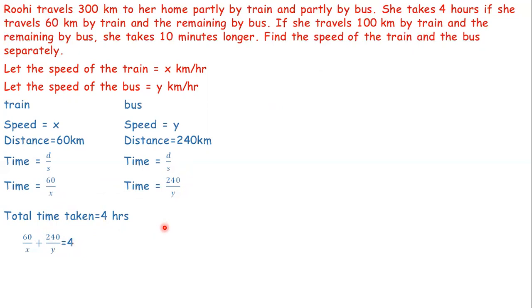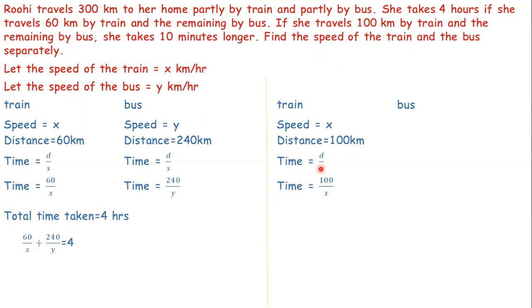Let us write one more equation. She travels by train and bus. Now speed of train is x. She travels 100 km by train. So distance is 100 km. Time is equal to distance by speed, that is 100 by x. So in bus, she travels the remaining kilometers, that is 200 km. The speed of the bus is y.